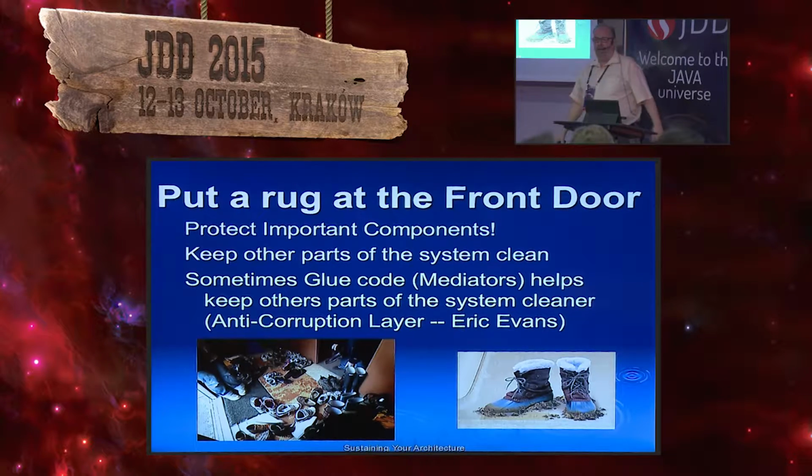So something that Rebecca Wirfs-Brock and I have been working on lately is a lot about sustaining architecture. These first set of patterns are just good things to do, regardless of whether you're dealing with variability or not. But as your system evolves, sometimes, like Eric Evans talks about the anti-corruption layer, you can put a rug at the front door. So you have a nice component, or a set of components, a nice API.